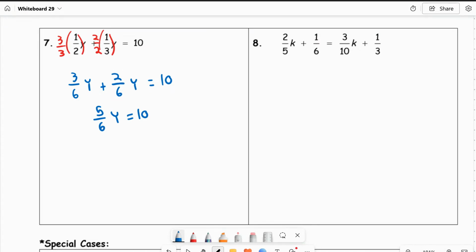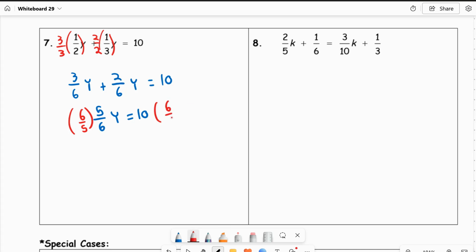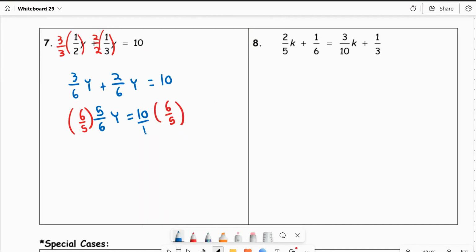So from here, let's go ahead and multiply by the reciprocal. So I've got 6/5, 6/5. It helps you to see it. Make 10 into a fraction as well.